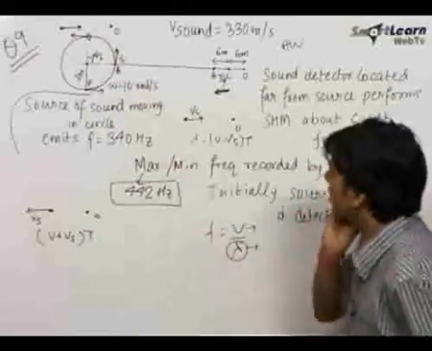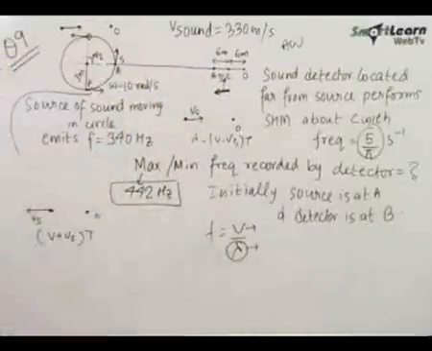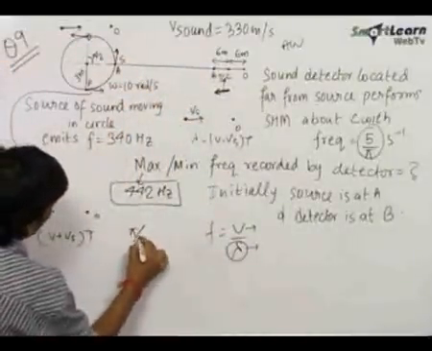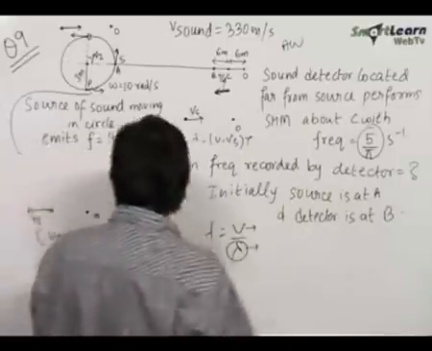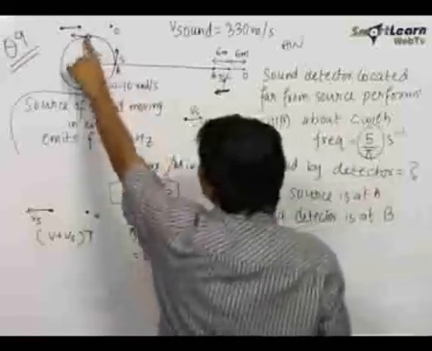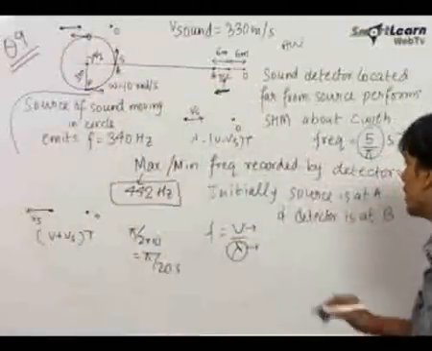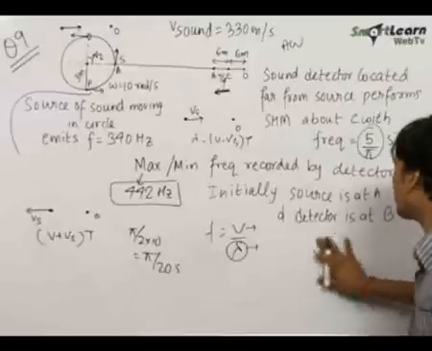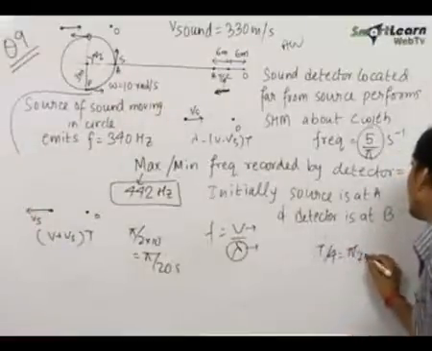Therefore let us check at that point, the time taken by the source to reach from here to here is pi by 2 into 10, that is equal to pi by 20 seconds. So after pi by 20 seconds, the source is moving in this direction. So let us check what is happening over here in pi by 20 seconds. We know that T by 4 is equal to pi by 20 for this SHM.